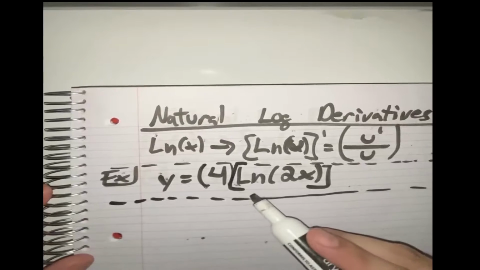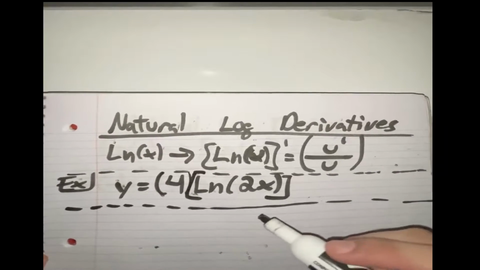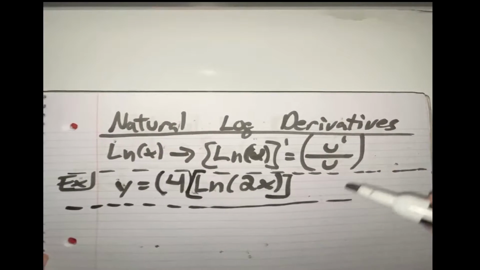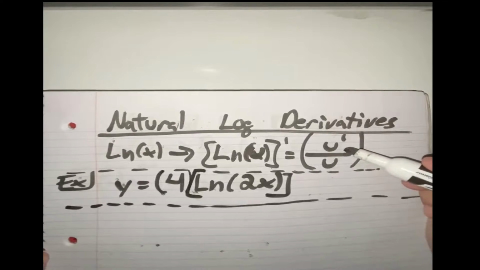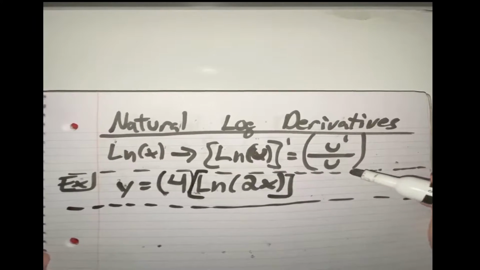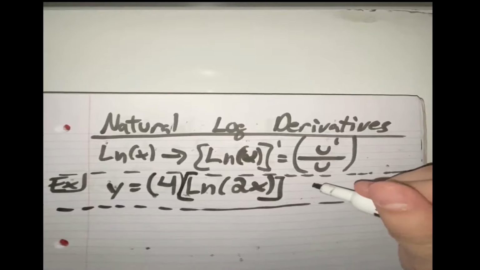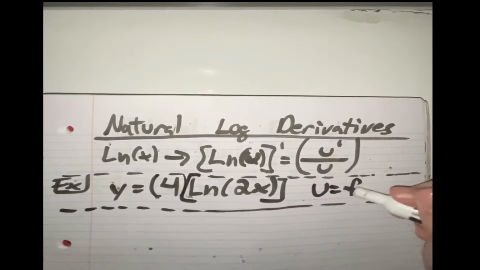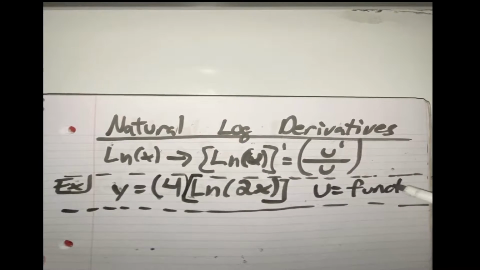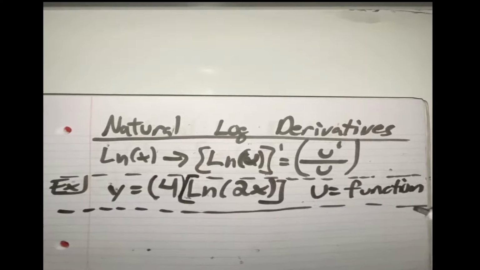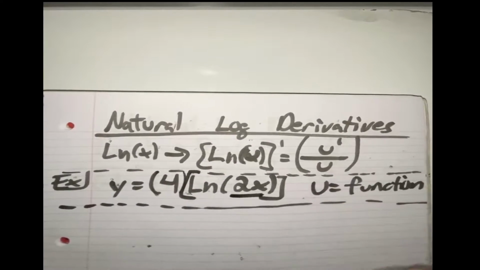We recognize this is a natural log derivative that it's asking for. So we're going to apply u and u prime. What is u? u is the function of the logarithm. So u is basically whatever function is inside the logarithm.